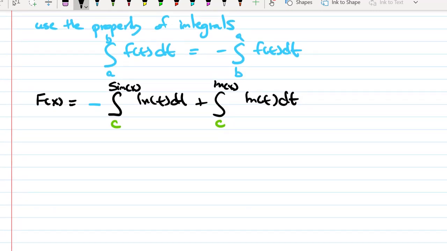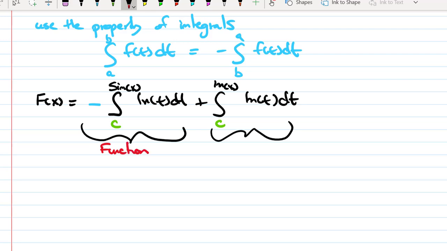So now lastly, both of these are function composition. Here we're going to have u is going to be the same as sine x, and in this one we also have function composition.